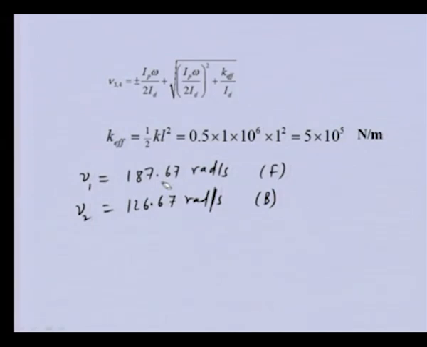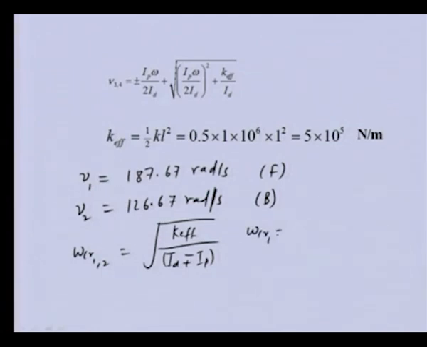If we want the critical speed, we can use the expression which we derived earlier, that is effective stiffness divided by ID plus minus IP. This will give us the two critical speeds corresponding to forward and backward whirl.